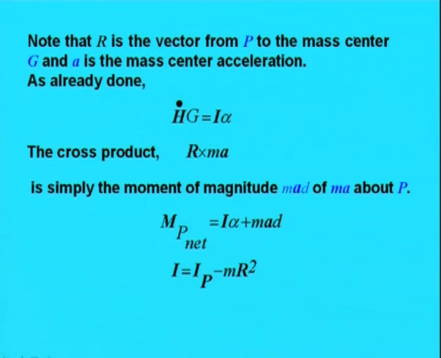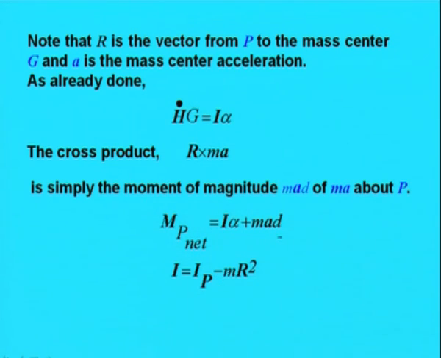We already know that H dot g is equal to I alpha, and the cross product R cross ma is simply the moment of magnitude m times A times d of ma about P, where d is the perpendicular distance of the acceleration vector from that point. So therefore Mp net is equal to I alpha plus mad.